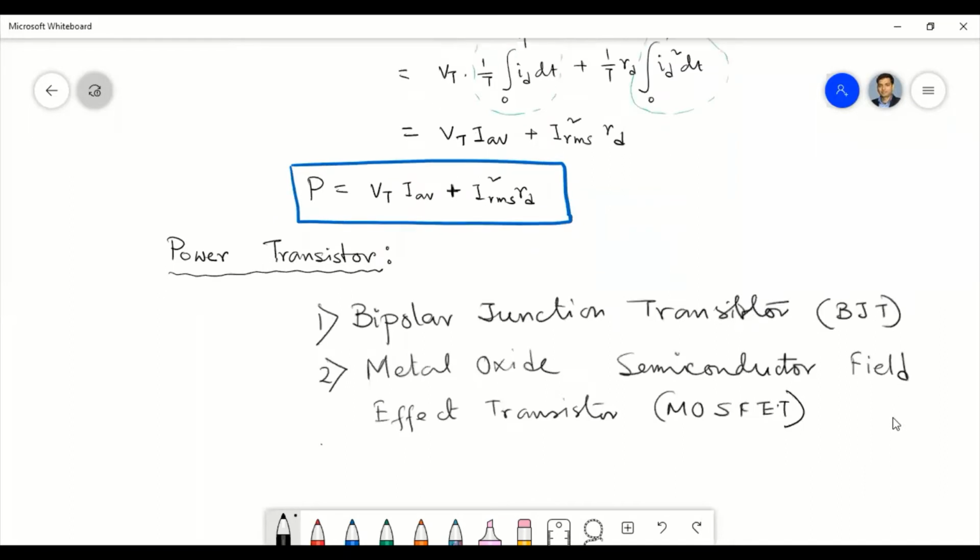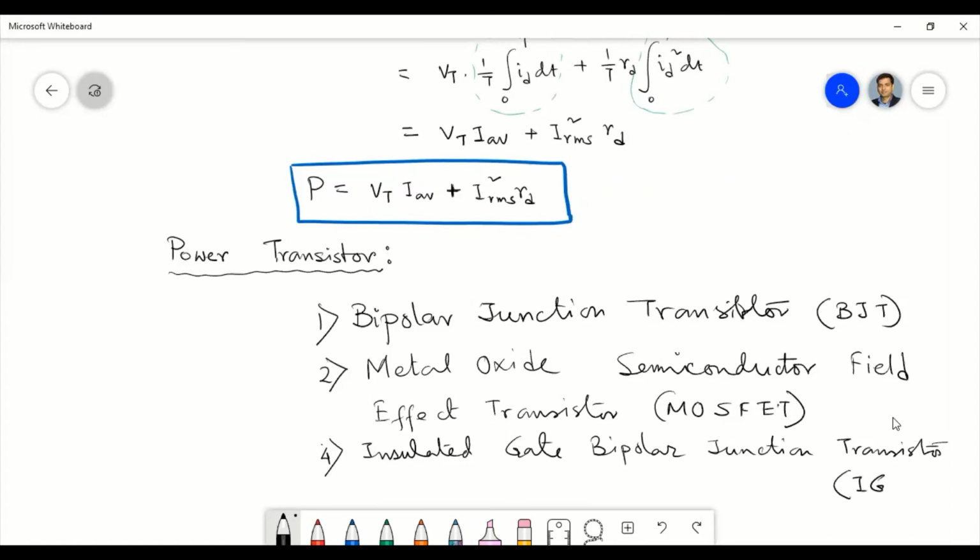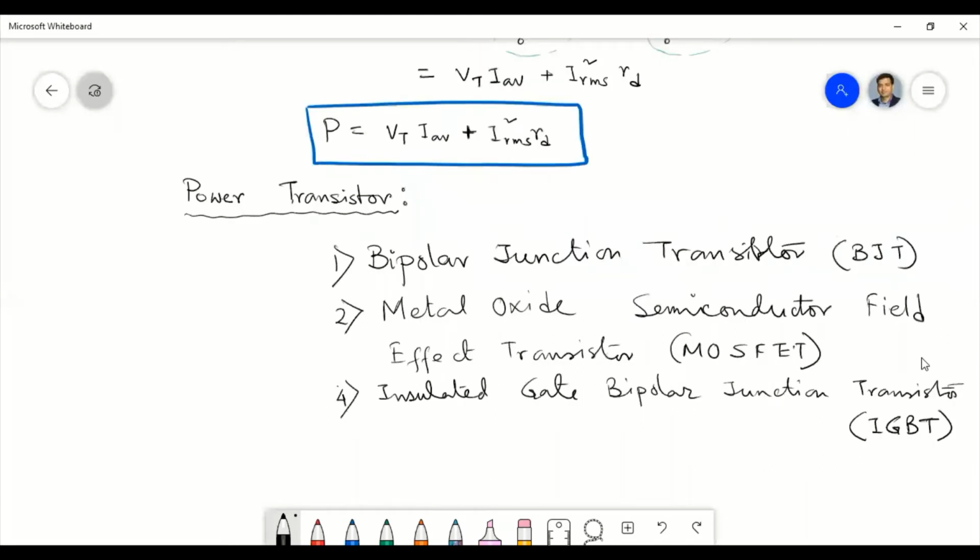Next, we have the insulated gate bipolar junction transistor, or IGBT.